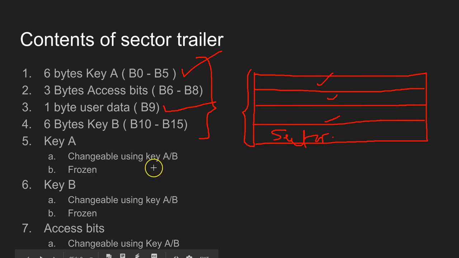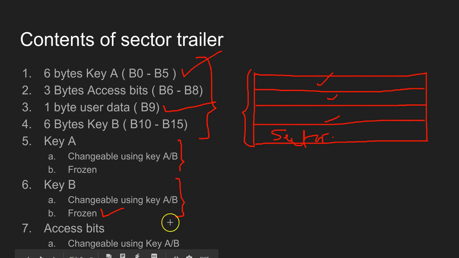It's frozen. Likewise, you can also decide whether the value of key B is changeable or not, and if it is changeable, whether you need to authenticate using key A or key B, or the key B is completely frozen, which is not changeable.